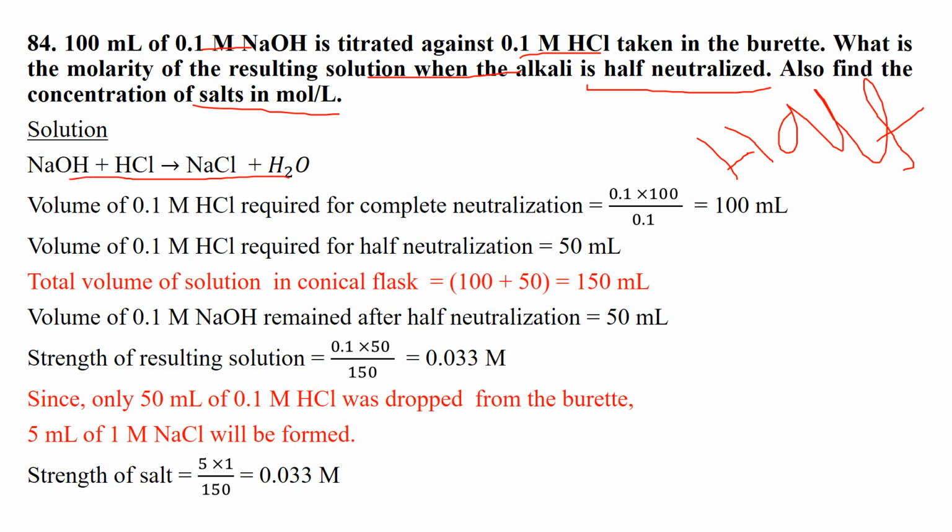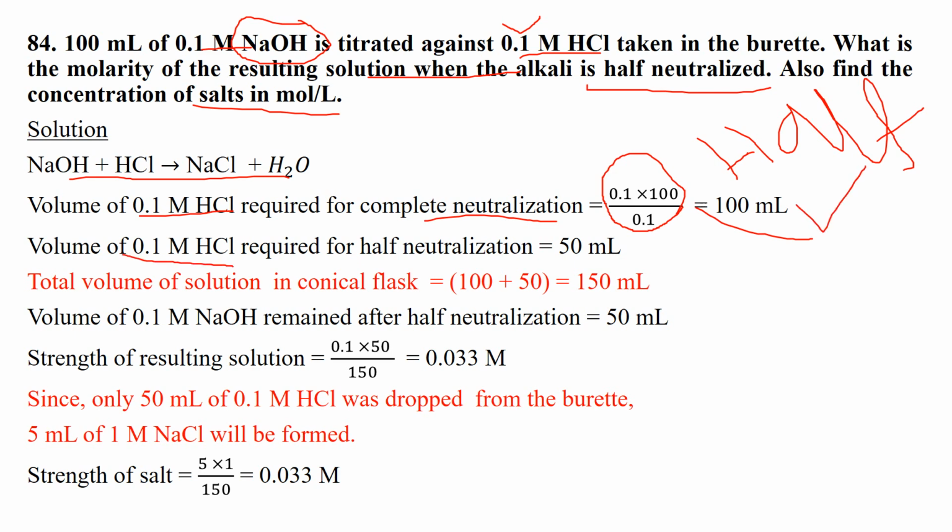So the volume of 0.1 M HCl required for complete neutralization is 0.1 into 100 divided by 0.1, based upon the normality equation. How much volume of 0.1 M HCl is required for the complete neutralization of NaOH? That is 100 ml. This is simple according to the normality equation.